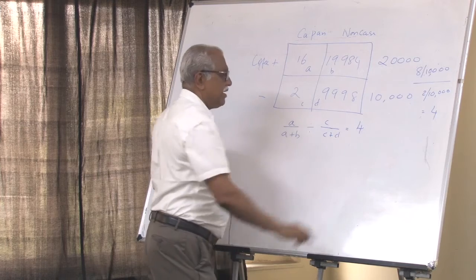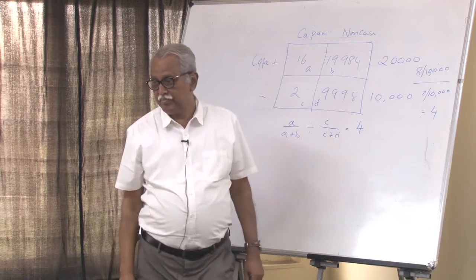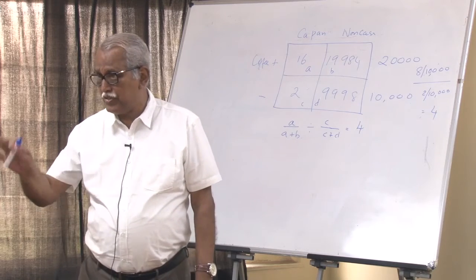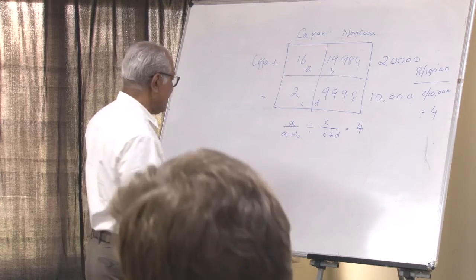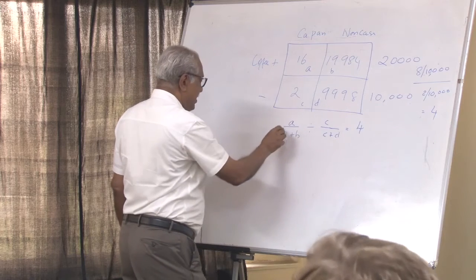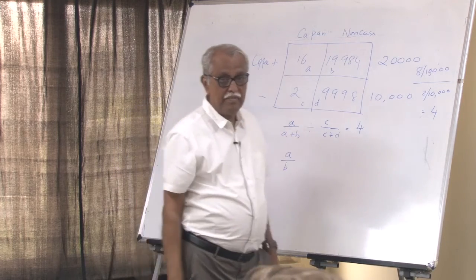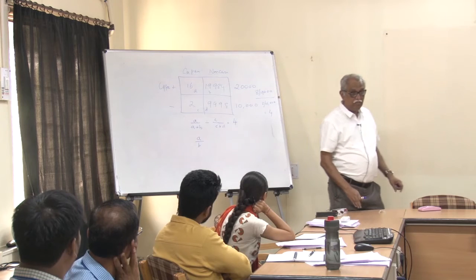That's what I did. But I'm going to make a proposition. I'm going to say A by A plus B is almost equal to A by B, provided A is small in relation to B. You agree?